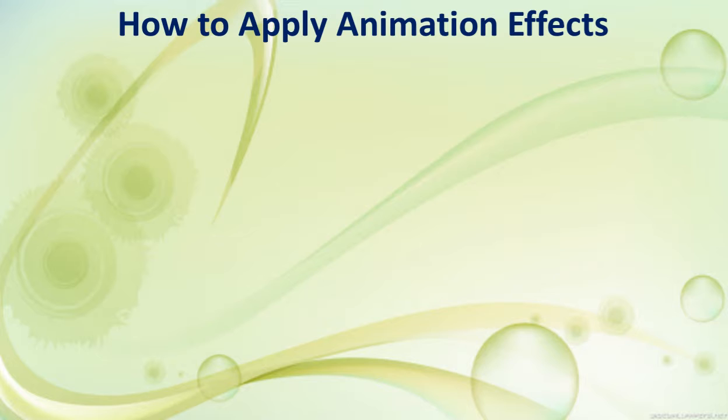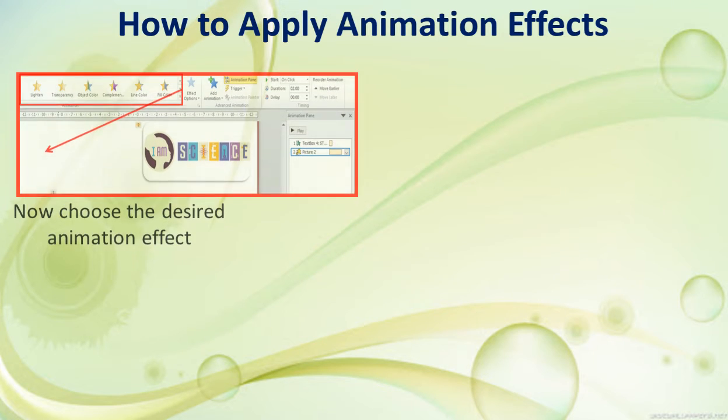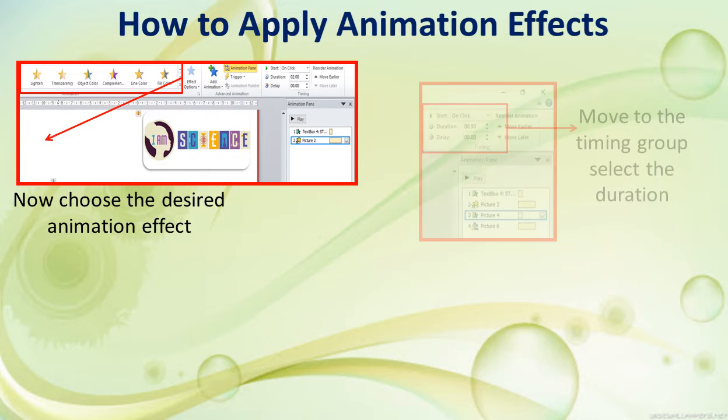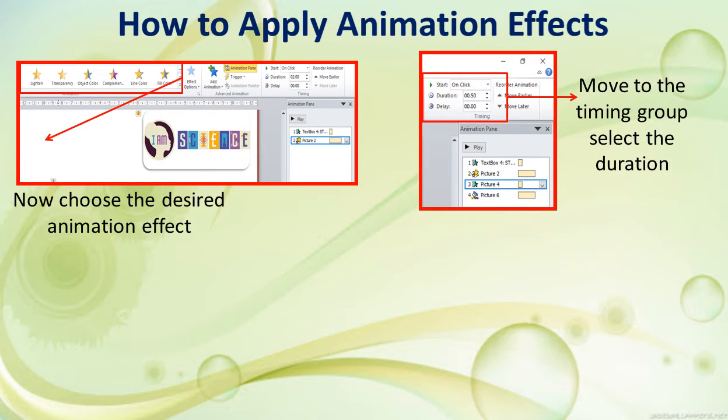We will now learn to apply animation effects. You will have to choose the desired animation effect. After doing this, you will have to move to the Timing group. The Timing group has two options: one is duration, the other is delay. The duration option helps to change and control the speed of the animation effect.